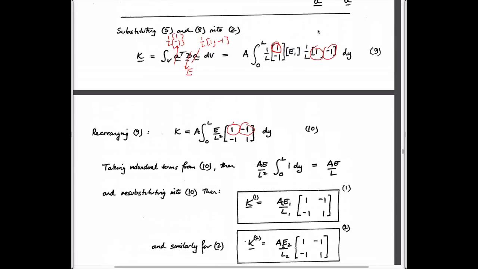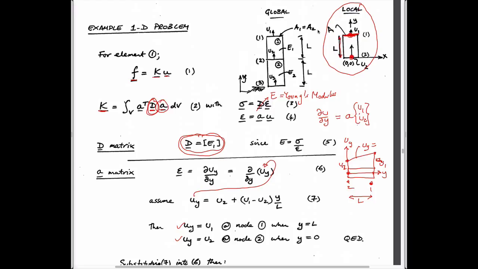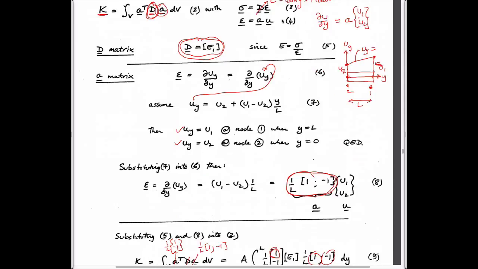If we want to solve this problem then we have to supply some boundary conditions. Let's fix the base so the base can't move. Let's apply a force at the top, and then solve for the displacement that results from that force.